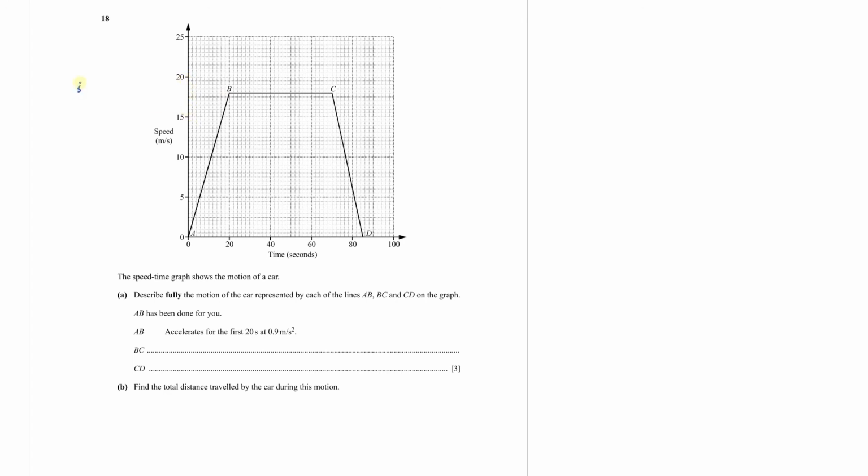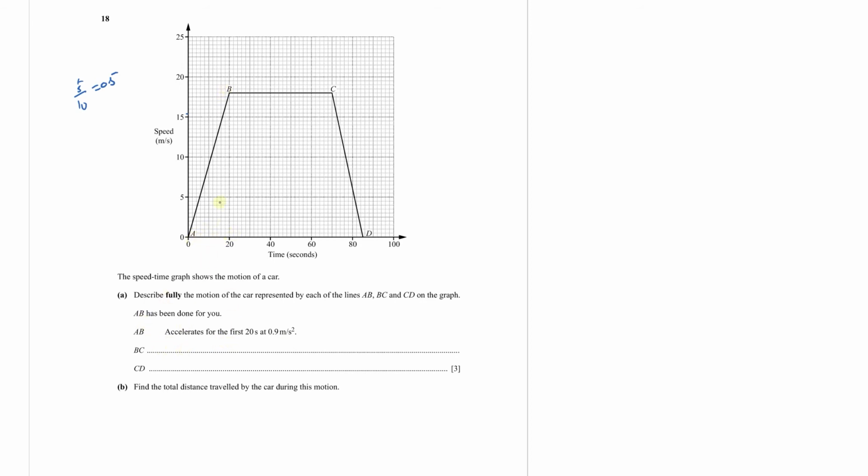So 5 over 10 is 0.5. So each small block represents a value of 0.5. So two blocks will represent a change of 1. So this is 16, 17, and 18. So the car accelerates from 0 to 18, which is an acceleration of 0.9 meter per second square for the first 20 seconds.